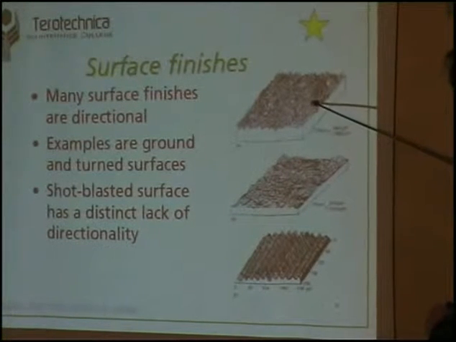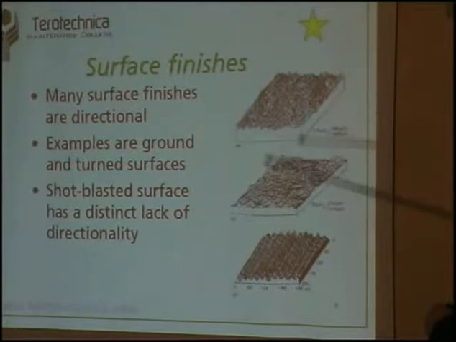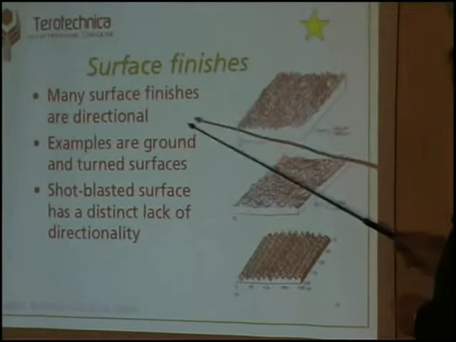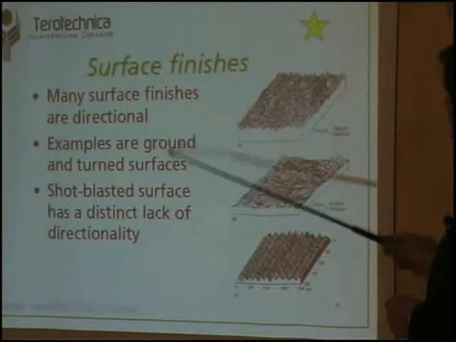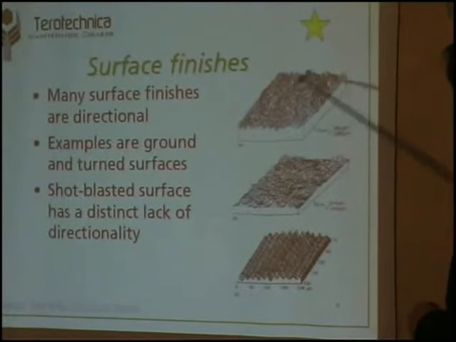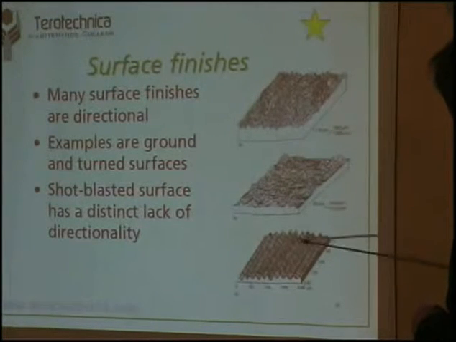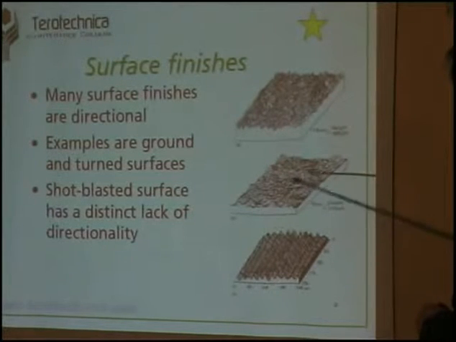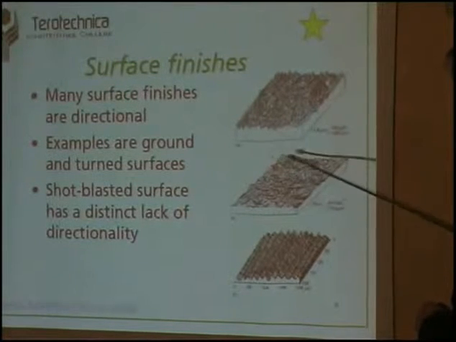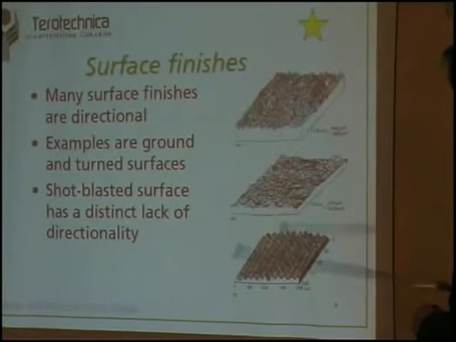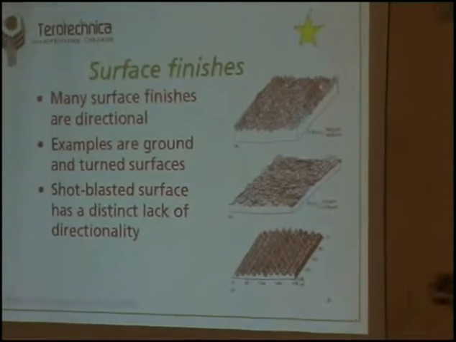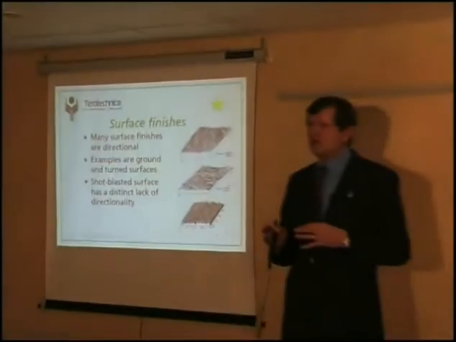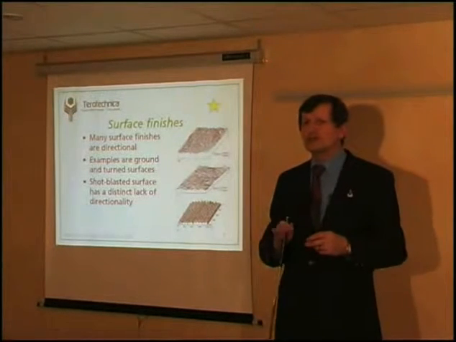And what we say here is that ground surfaces and turned surfaces are directional. So we can see directional lines across it. Whereas with a shot blasted surface, there is no directionality. And of course that has an impact in the whole study of the movement of surfaces over one another.